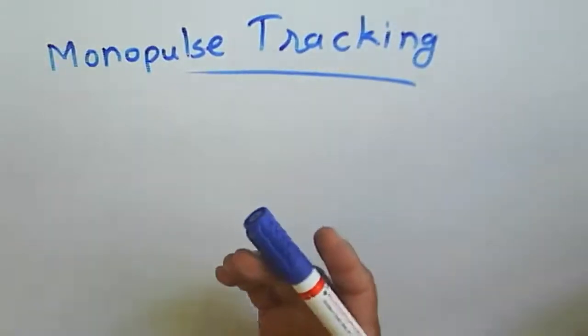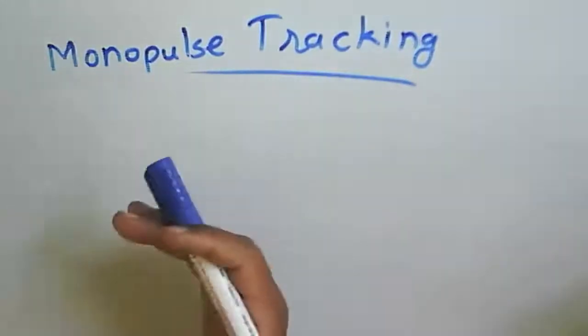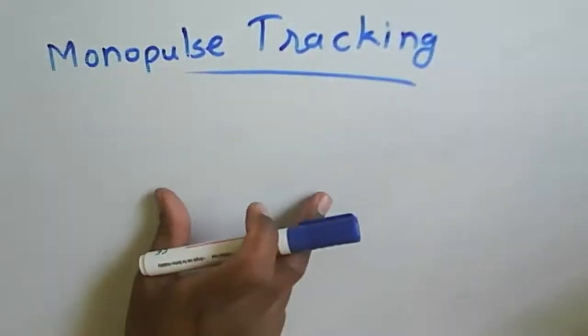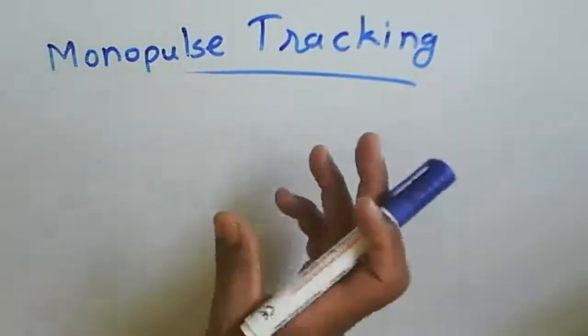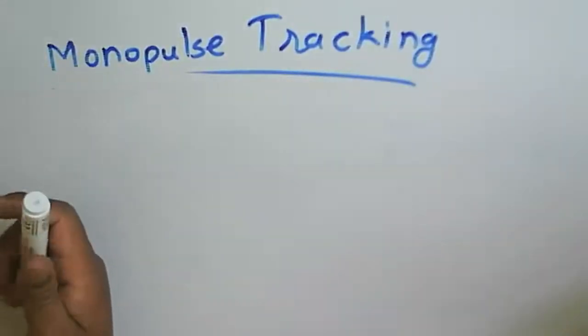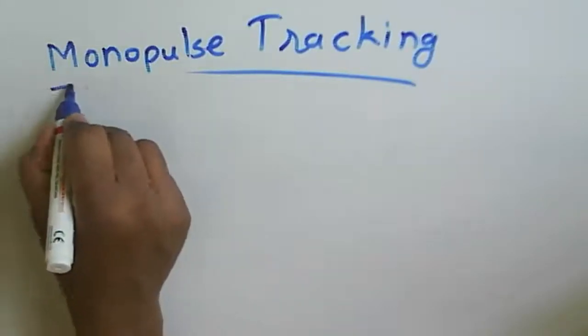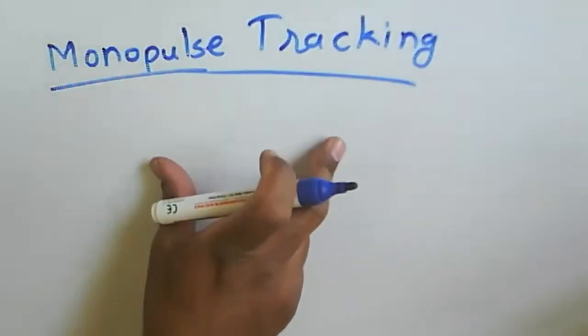The amplitude of the target echo will fluctuate because the target is moving, but it should not affect our measurement. We need to identify perfectly the location of the target, so monopulse tracking is useful here to measure the angle.